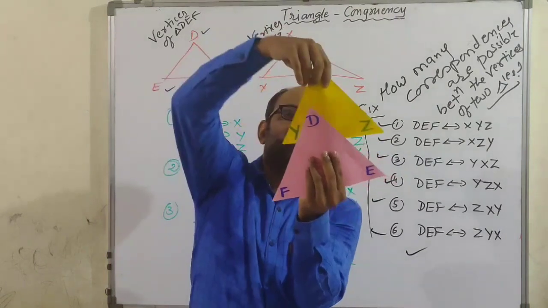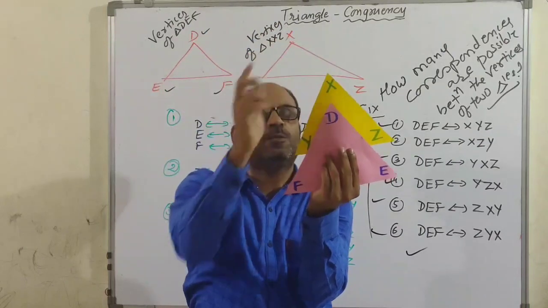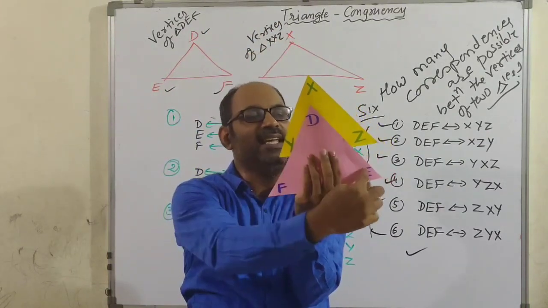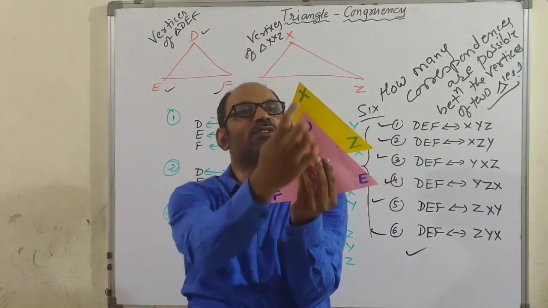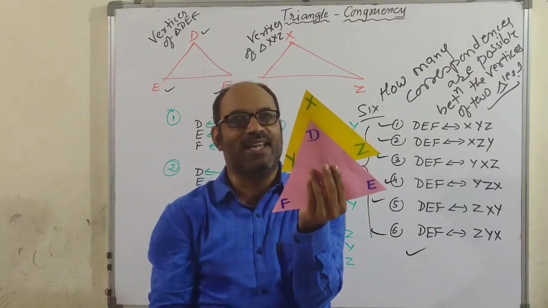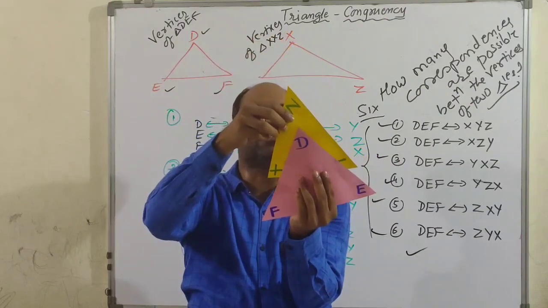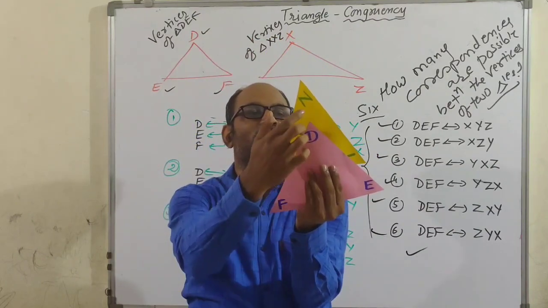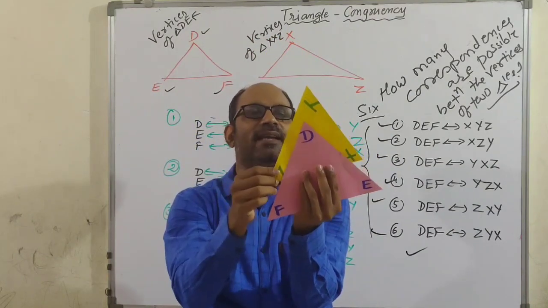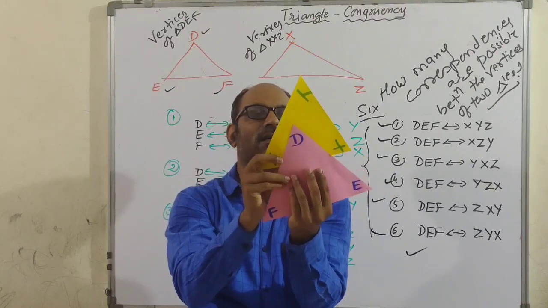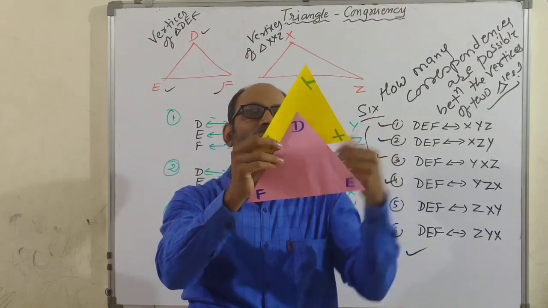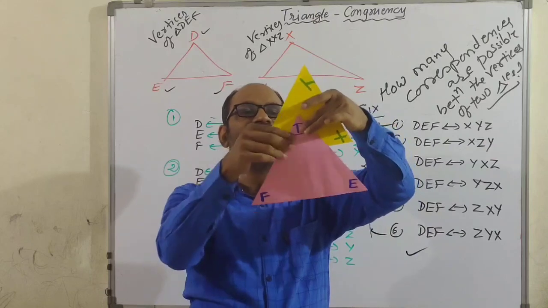Can you see that? Alright. I'm just turning this. Again, D corresponds to X. Now DEF corresponds to XZY. Did you see that? Alright. Now this correspondence. This time D corresponds to, let me take Y. Can you see this?